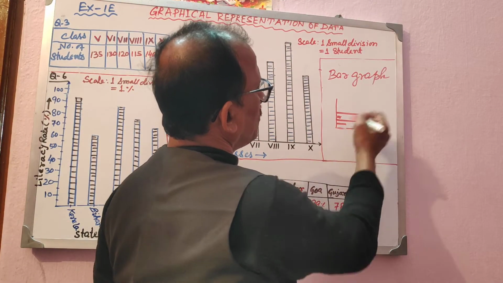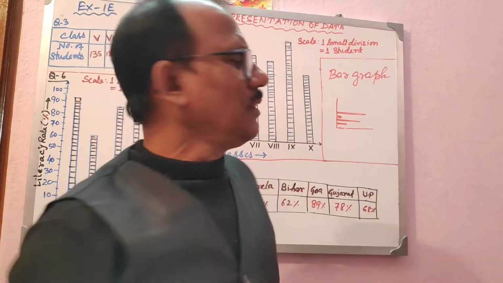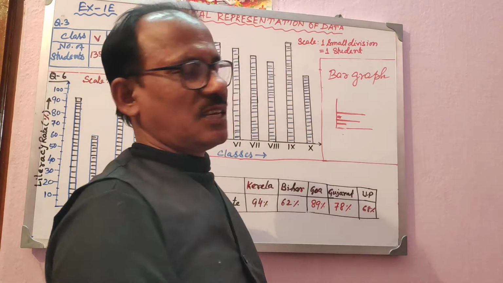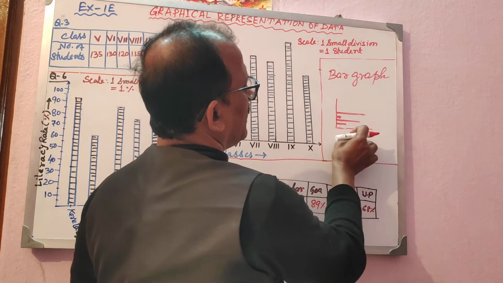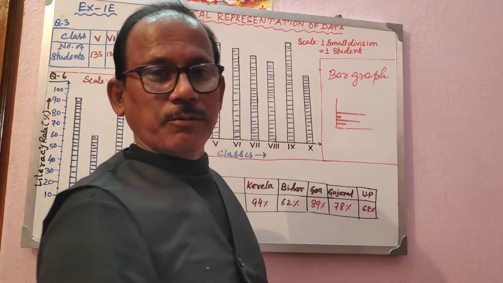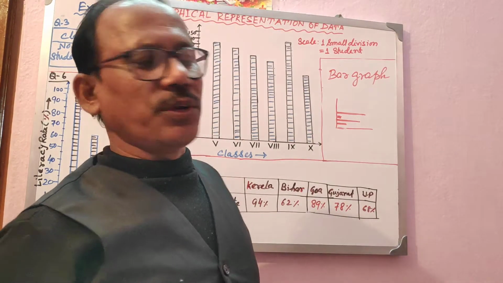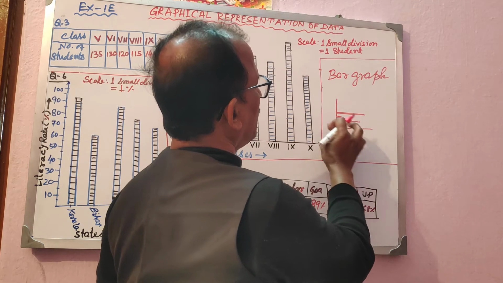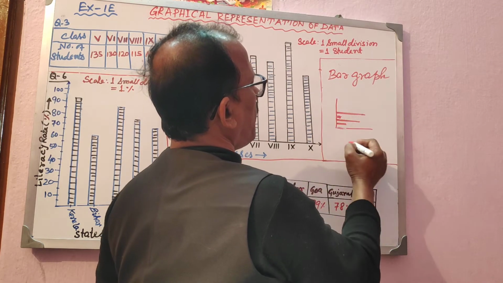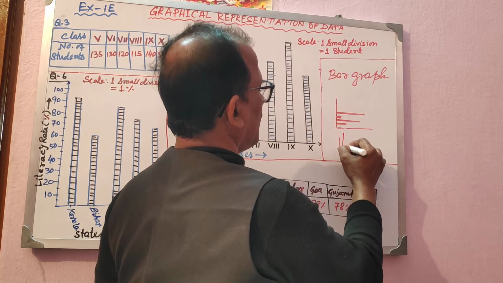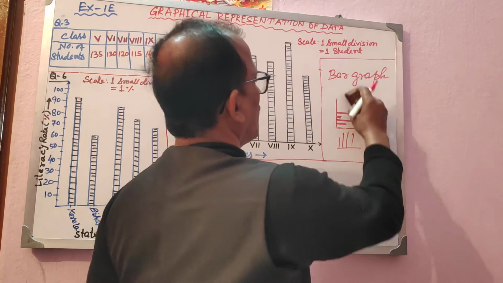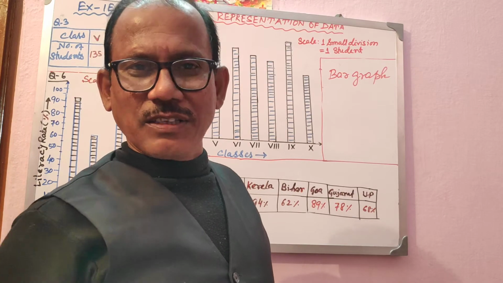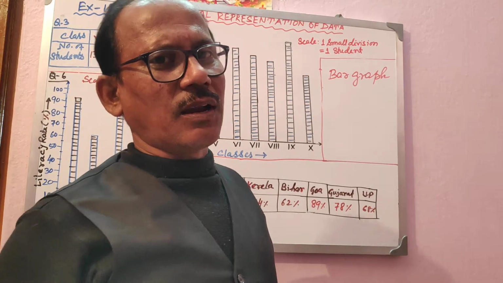But the bars will be parallel to the horizontal axis when the frequency is scaled on that axis. Usually we keep the observations here and the frequency here, so the bars are standing. Could you understand me? So a bar graph can be of two types, horizontal bar and column or vertical bar graph.